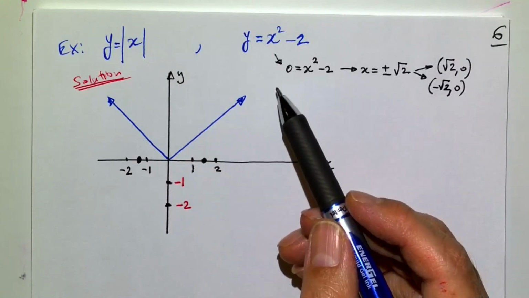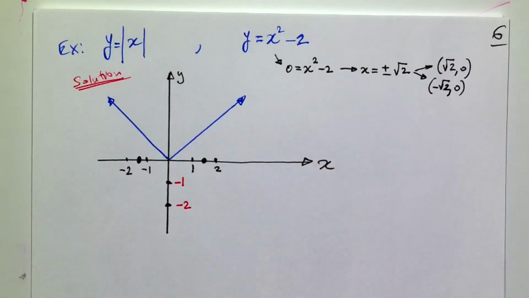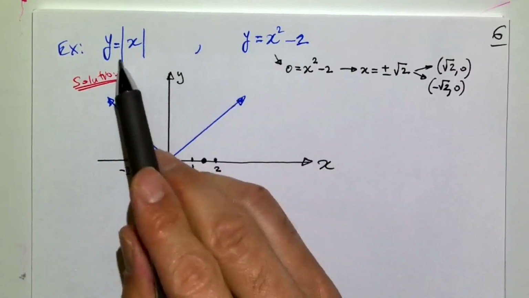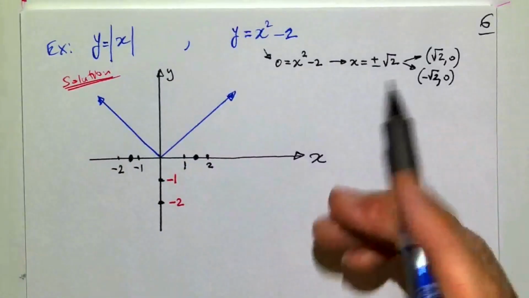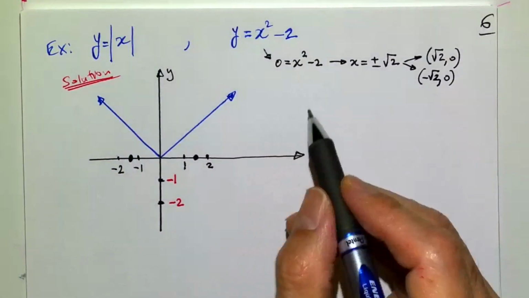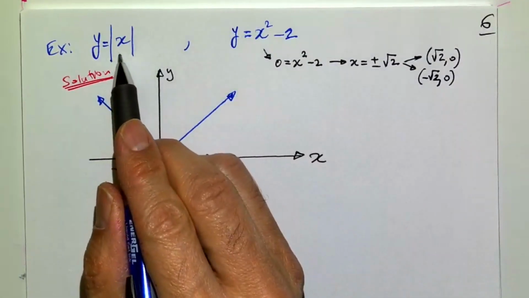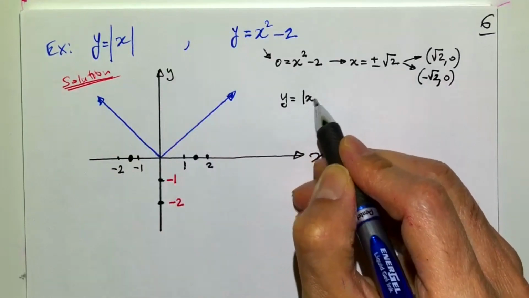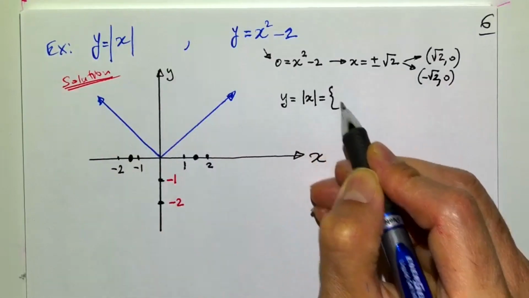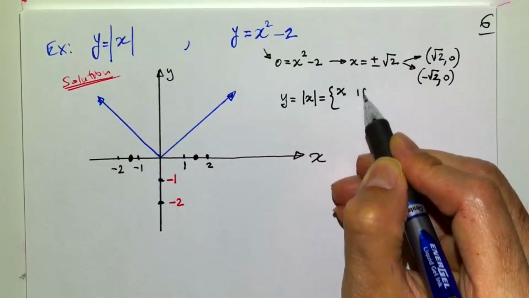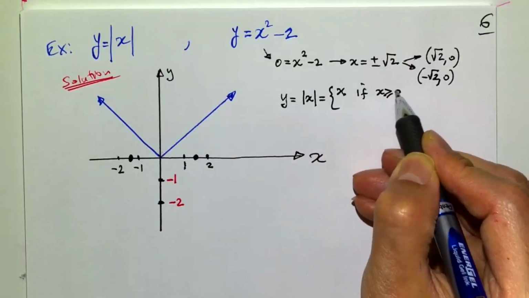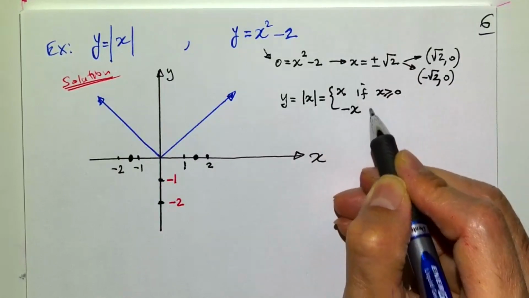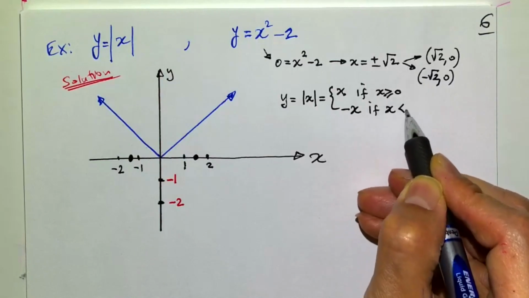Let's figure out at which point this curve and that one intersect. So using the definition of absolute value, what do we have? We have y equals absolute value of x equals x if x is greater than or equal to 0, minus x if x is less than 0, right?